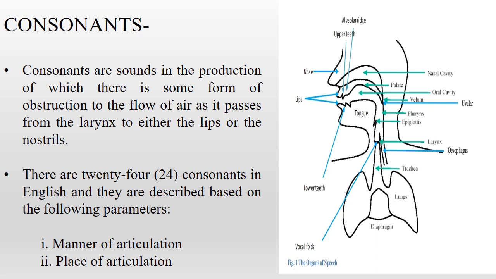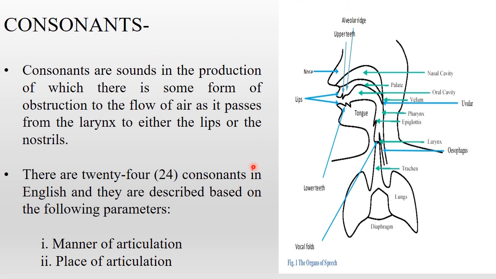If you look at this image here, you will see these are the lungs, and for production of any sound we throw the air out either through the oral cavity, that is through the mouth, or through the nasal cavity, that is through the nose. And if there is obstruction, there will be friction, and this is exactly what happens during the production of consonant sounds.